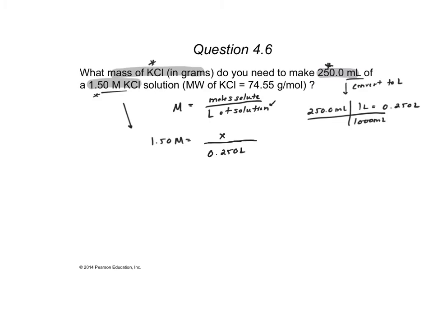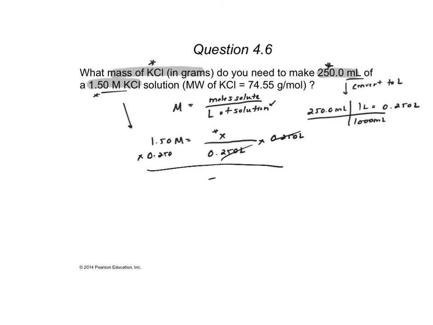We're going to treat this as an algebraic type problem here. So we have one unknown, we have one equation, we should be able to solve for that. To isolate x, what we're going to do is multiply both sides by the denominator here, this 0.250. So I multiply by 0.250 on both sides.